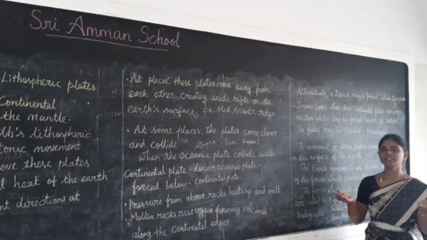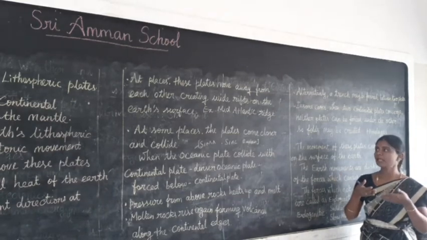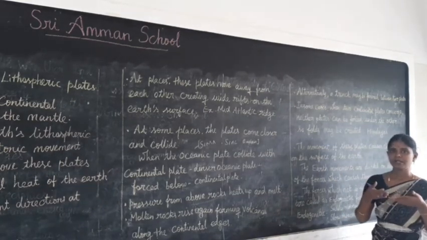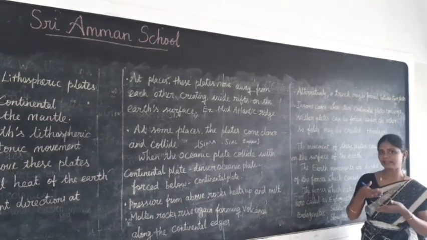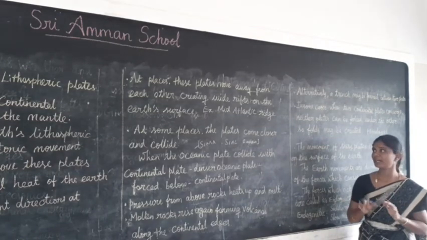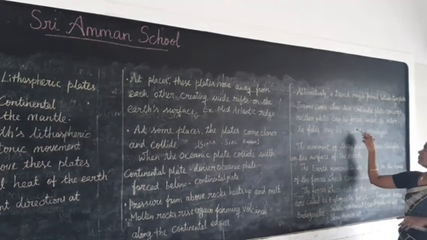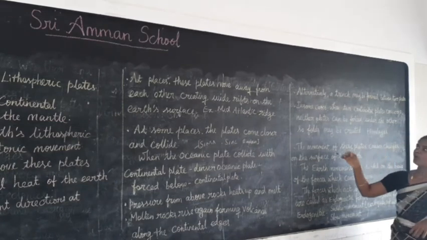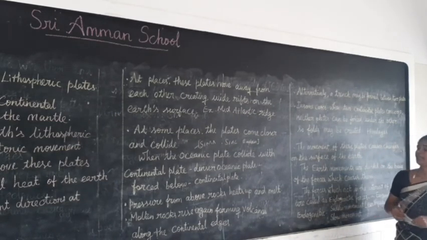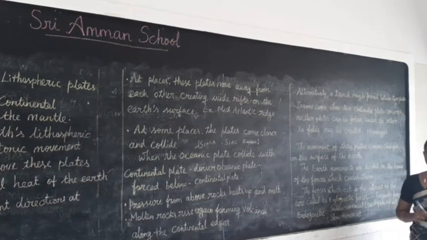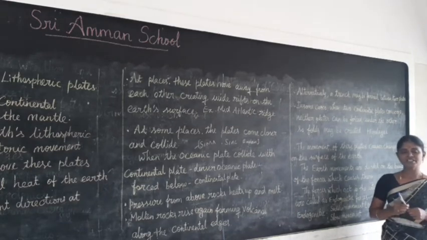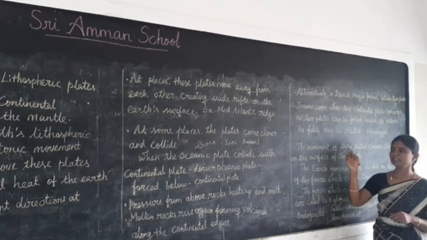When two continental plates come closer, no one is forced under the other, so folds may be created. The lofty mountain range, the Himalayas, is formed in this way.